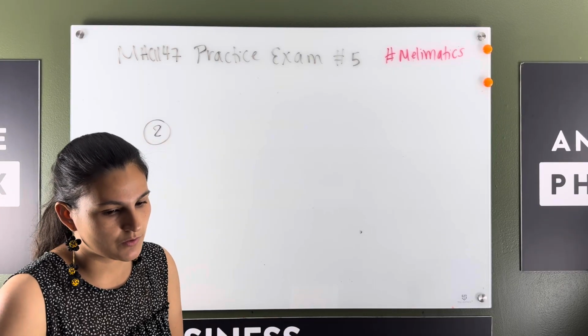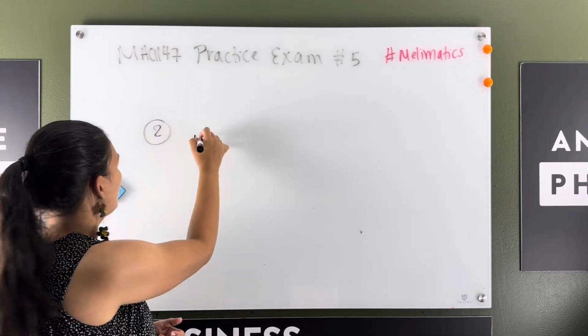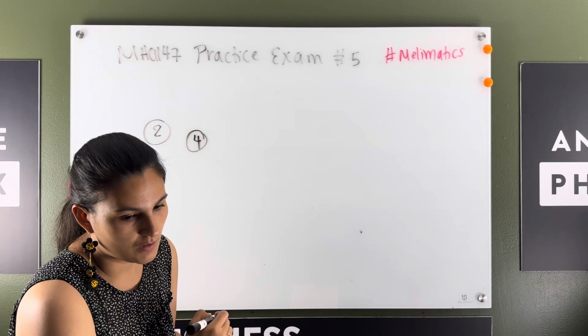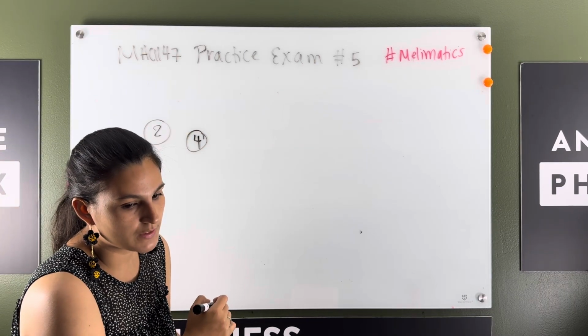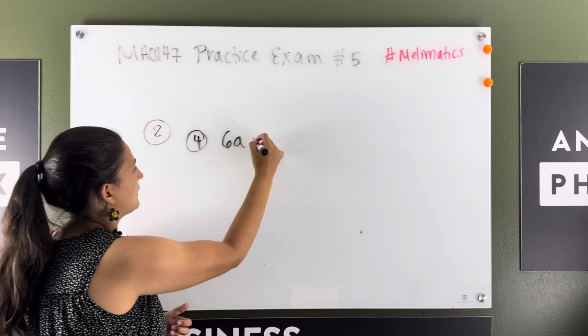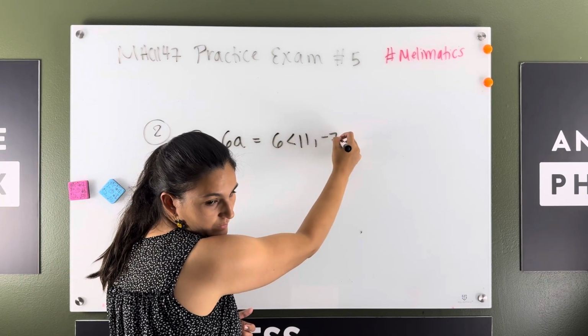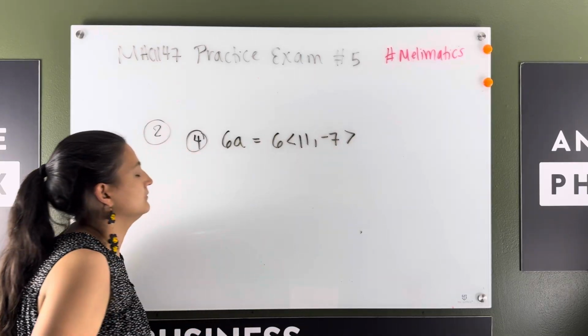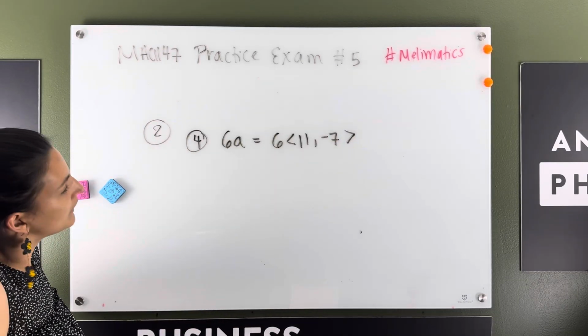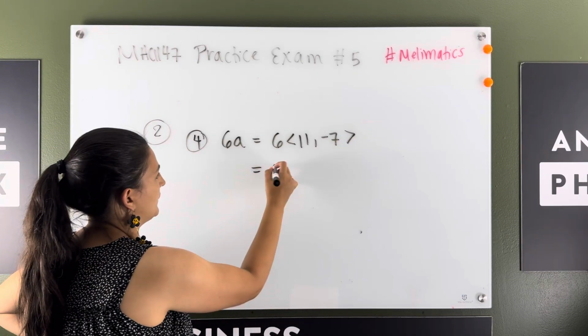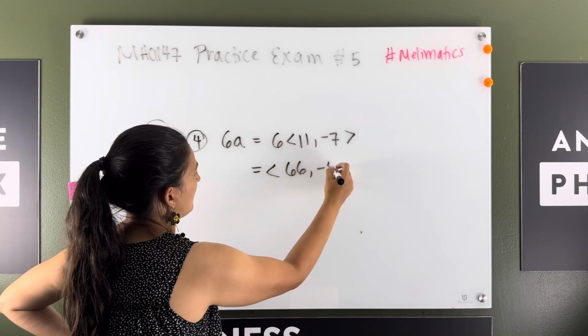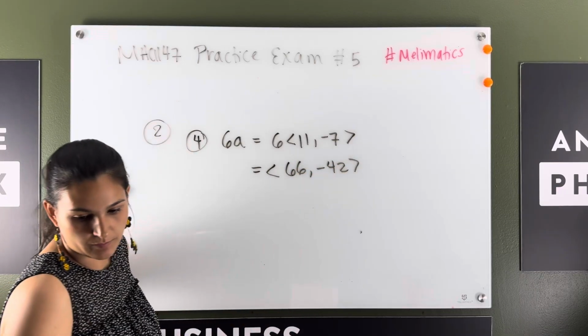Oh yes, of course. So for number 4, I'm only going to do one of them. For 6a, that just means you have to multiply 6 with your vector A, the component vector. So that's 66, -42. Super simple.